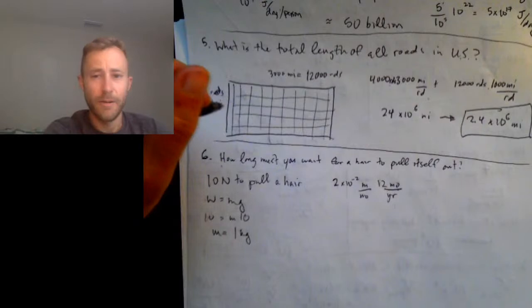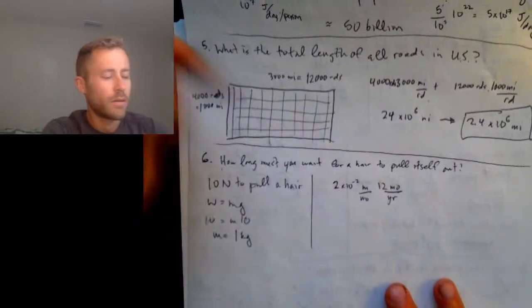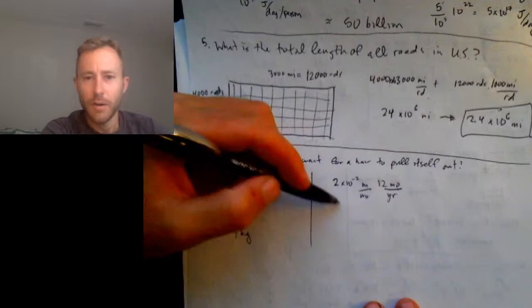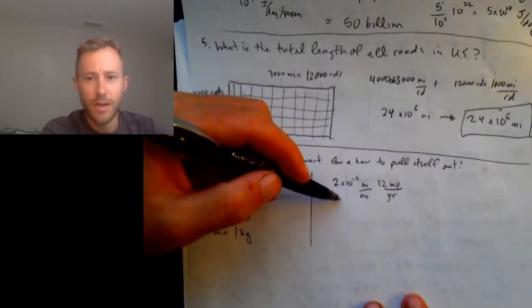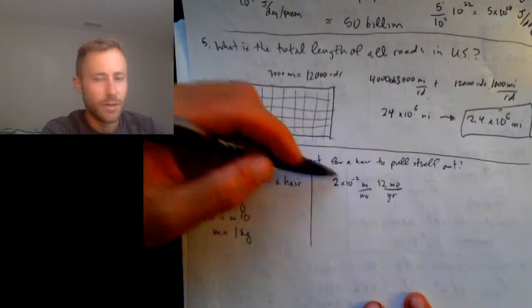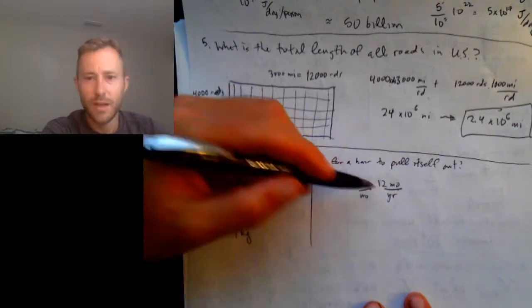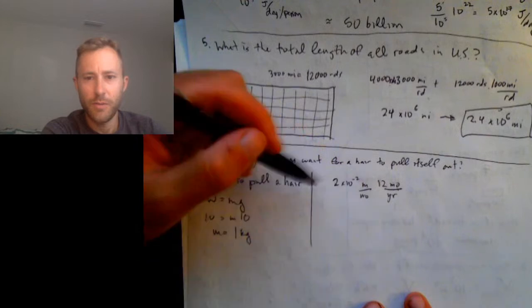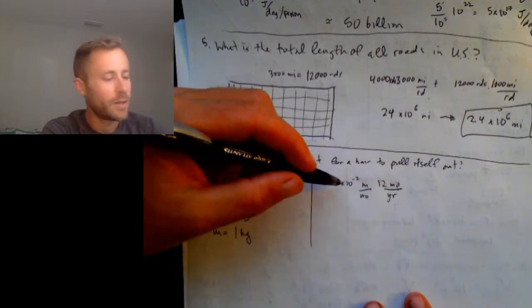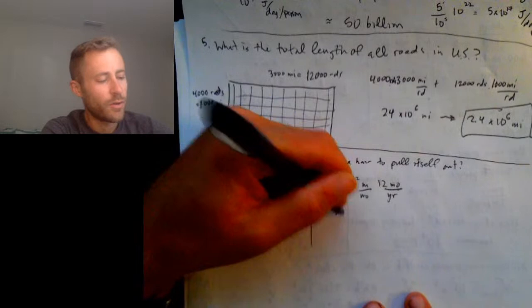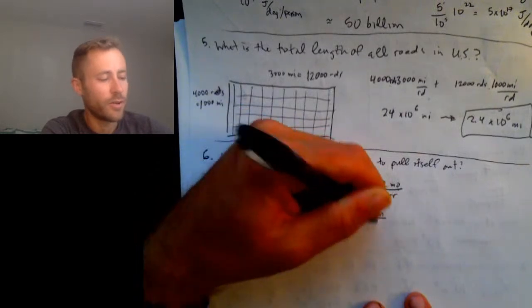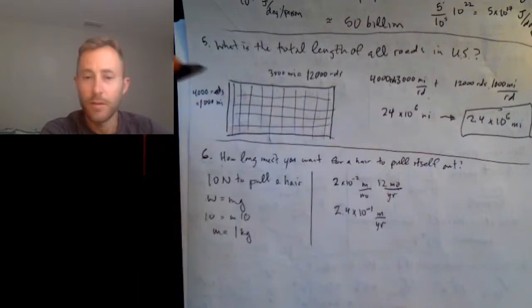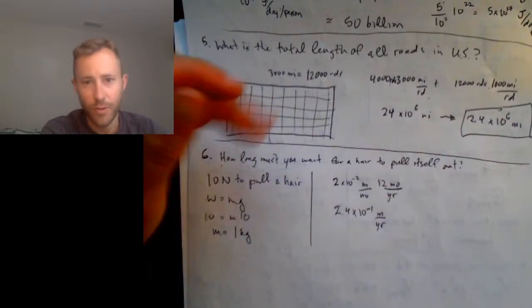All right. So that means that my hair is growing at roughly, 2 times 12, so 24. So that's 2.4 times 10 to the minus 1 meters of hair per year. That's an estimate of the growth rate of hair.